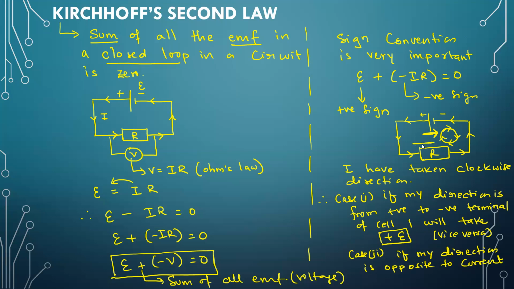My direction at the bottom is going this way, and the current is going this way, so they are opposite. That's why we are getting minus IR. We are going to follow this rule when we solve the questions. With this rule, it becomes very simple to solve Kirchhoff law questions.